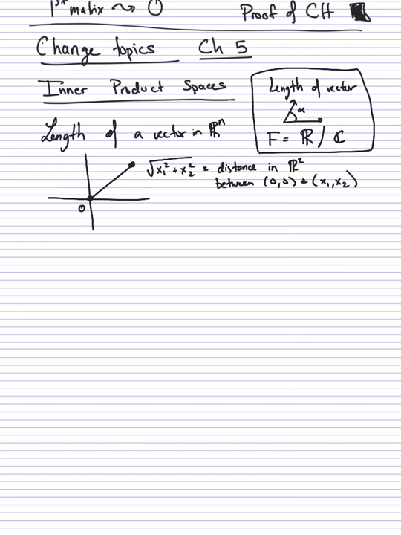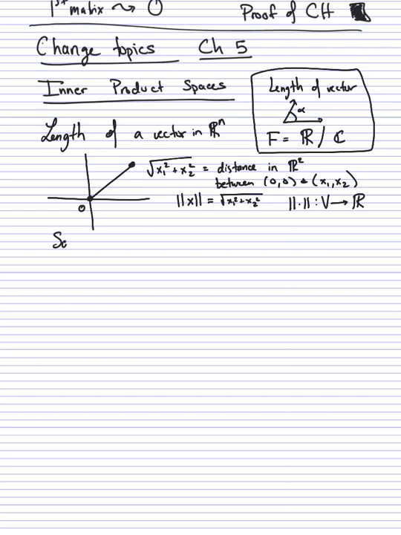So we think of this as the norm of the vector x, precisely this length, okay? So you can think of the norm as a function which goes from your vector space and outputs a real number, okay? And actually it outputs a positive number.